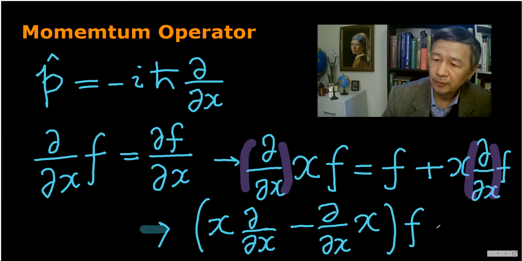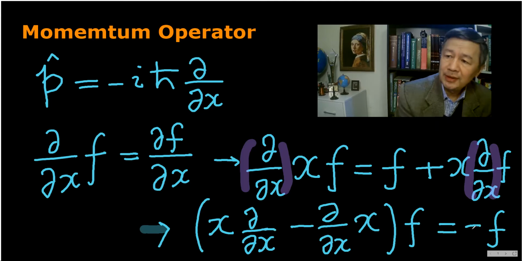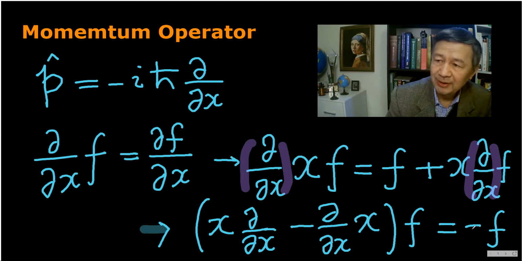What have we obtained on the other hand? In this case, we got a negative f. So this is the starting point where Dirac, in history, found the generalized quantum condition.